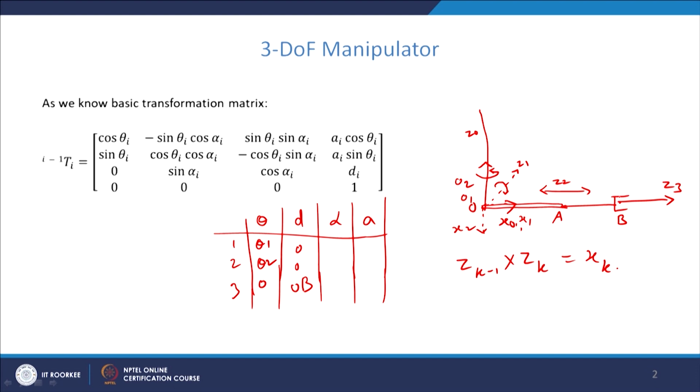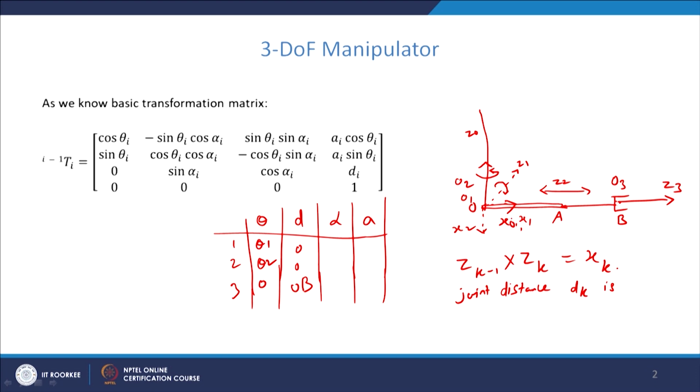The definition of the joint distance, if you see, dk is the distance between the two origins, which is given here O2, and then O3 is the origin of the third link here. So, OB is the joint distance here.